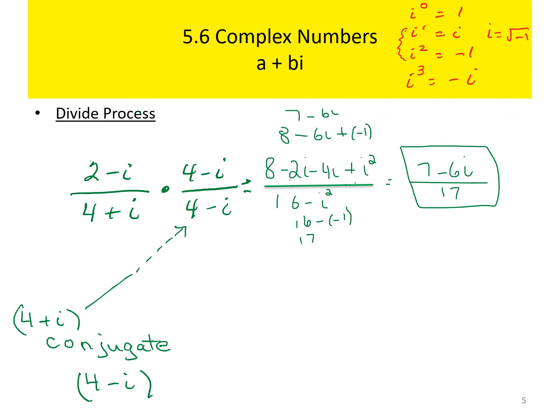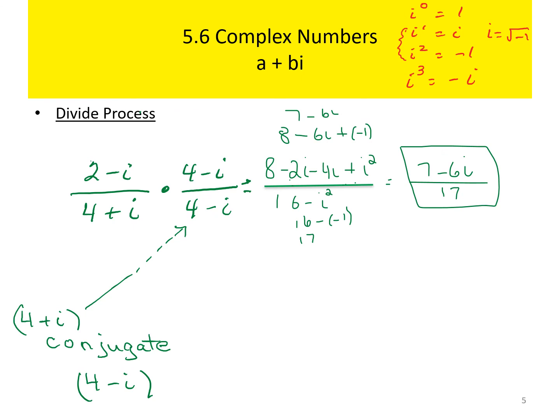Now, one other way you may see this written, if you wanted to write it in a true sense of a plus bi, you would take this answer, and you would go ahead and separate each item. So really 7 is over 17, the same way that negative 6 is over 17.